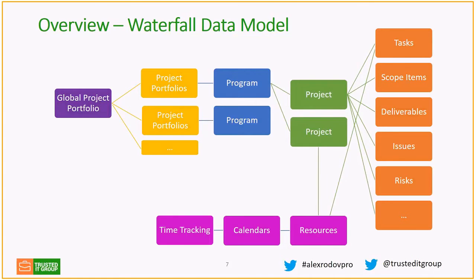This is probably a very simplistic way of showing that, but for the purpose of understanding the data model of the Waterfall and the data model of the Agile, and how we can look at them together, this is going to be more than enough for us to comprehend at this point. So that's the Waterfall data model, and if you have any questions about that, feel free to interrupt.